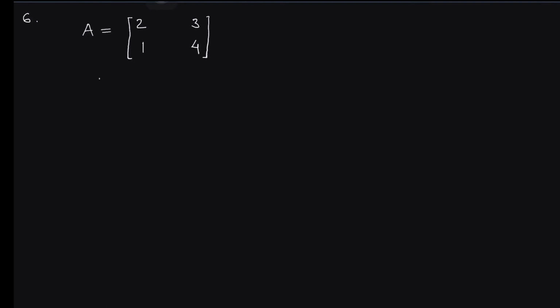You take any scalar alpha and multiply it in each entry of a row. Suppose in the first row, so you will have the new matrix B when you multiply each element of the first row by alpha. So this will be 6, 9, 1, 4.